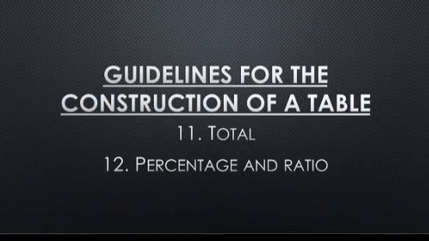So this kind of data, if possible, you can provide in your table because it makes your table look attractive and informative. If we present the data in the form of such percentage and ratio, it increases the worth of our table. Fine.